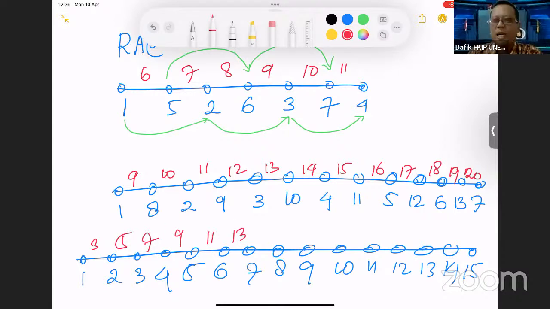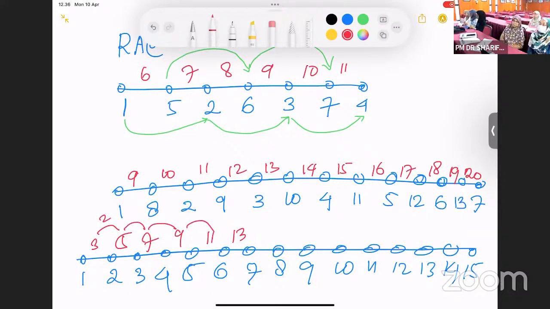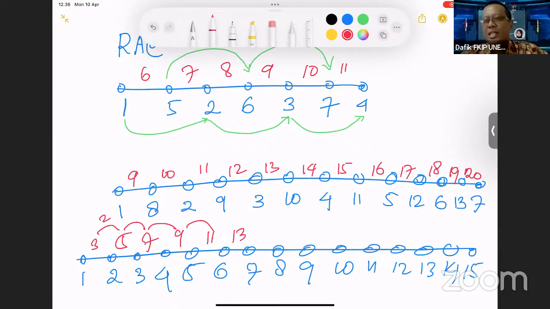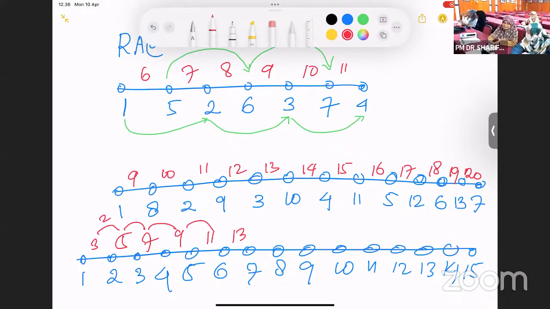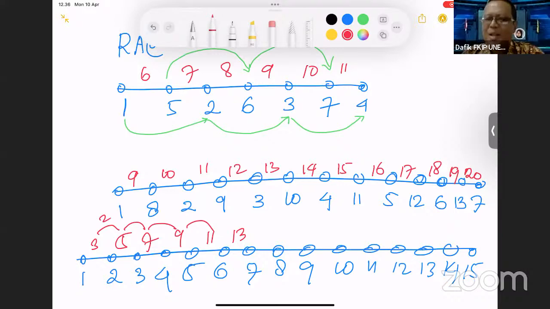So actually, this forms an arithmetic sequence with difference 2. The initial number is 3, and you can extend. That's the rainbow path. Understand? This is the easiest because it is just a path.